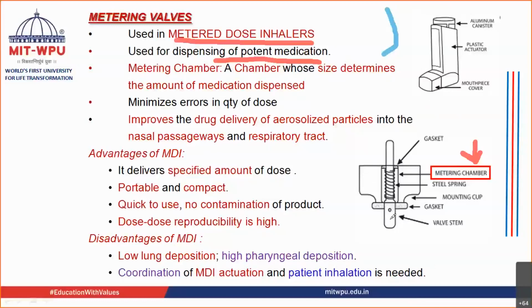This actuator gets pressed. As soon as it gets pressed, the contents that are present inside the metering chamber get released. As soon as they get released, whatever material is present inside the container occupies this place again.